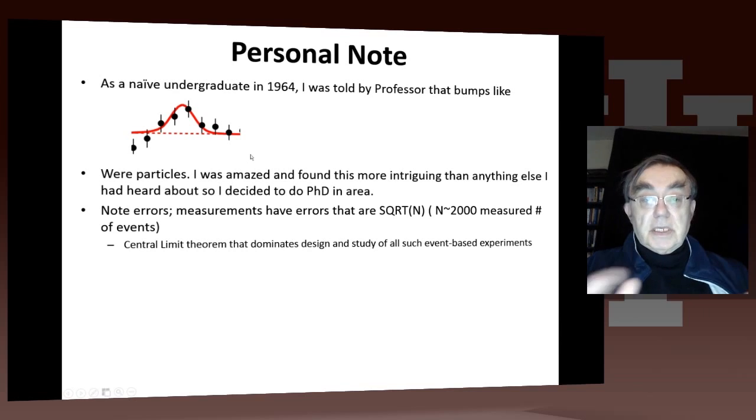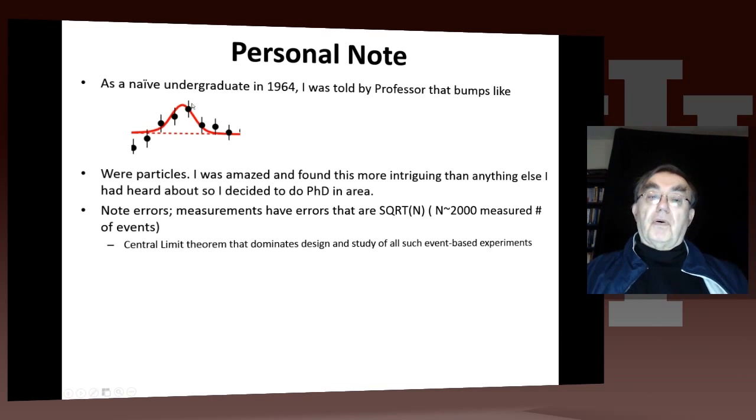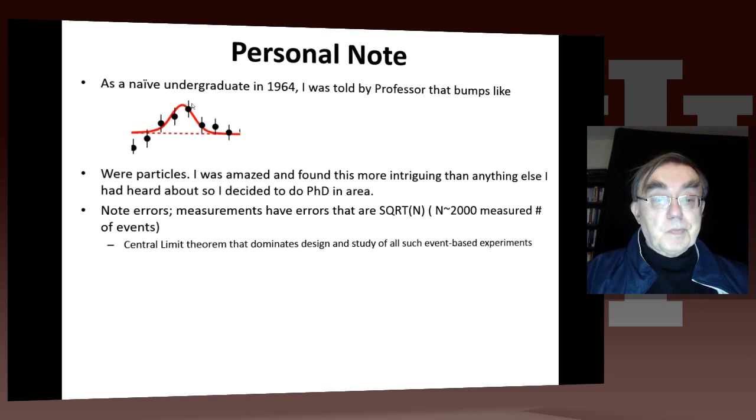In this total signal, there are around 2,000 events, but in each of these bins, there'll be far fewer than 2,000 events. And actually these error bars probably have more than the statistical errors and have so-called systematic errors also built into them. So understanding errors is extremely important, and that underlies a lot of the analysis of these so-called counting experiments.